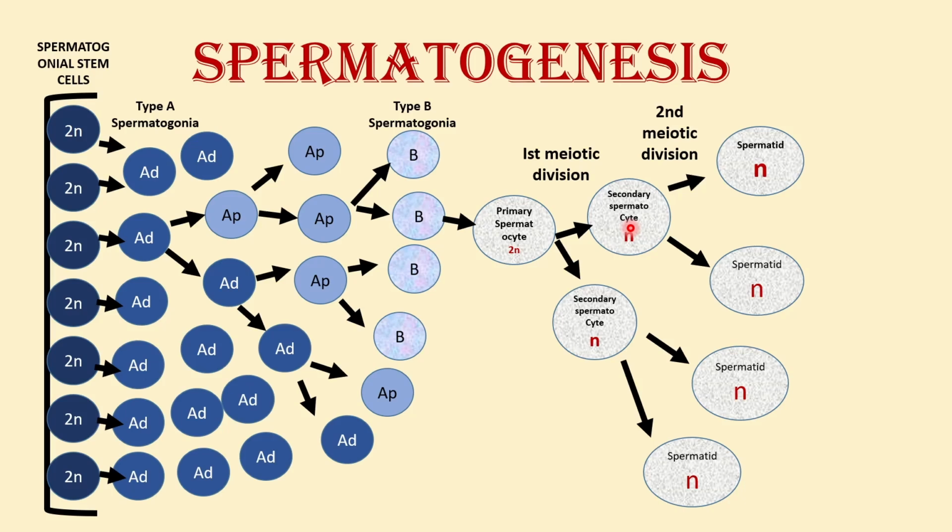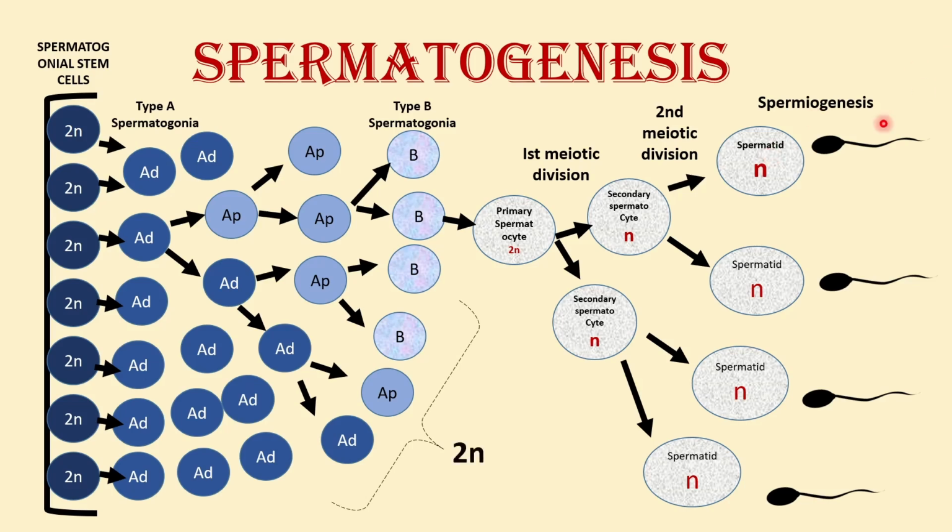As a result, four haploid daughter cells are formed, known as spermatids. And from these spermatids, sperms are formed by the process of spermiogenesis. The spermatids are morphologically changed into sperms. So at the end of spermatogenesis, four haploid sperms are formed.